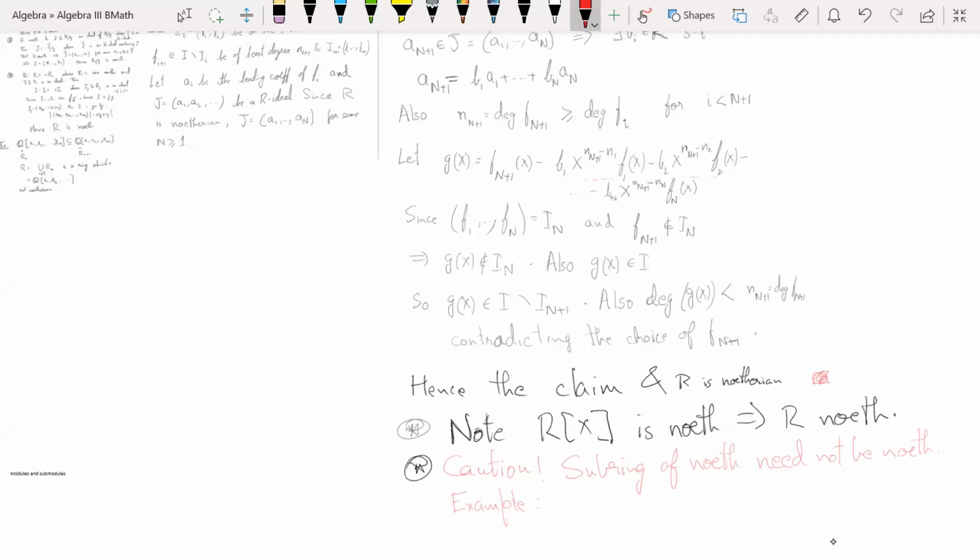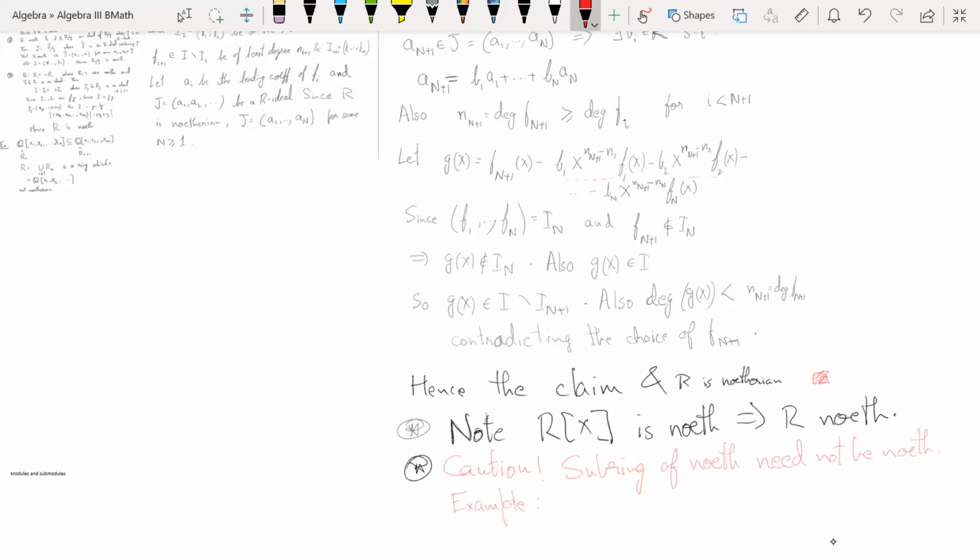Will R and Q work? Both are Noetherian. Well, the point is fields are Noetherian, right? Because fields are PIDs.